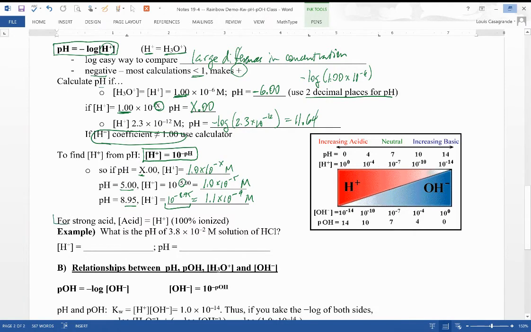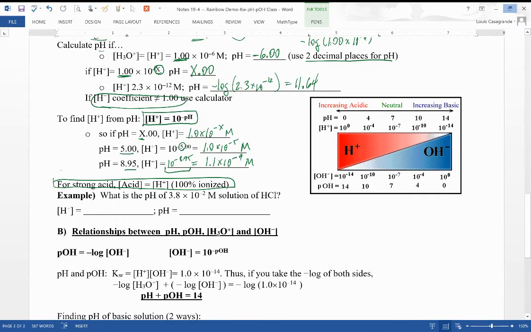I said this up above. If we have a strong acid, 100% ionized, the concentration of the acid is equal to the concentration of the H3O plus. So I tell you, we've got a 3.8 times 10 to the minus 2 molar solution of HCl. So the concentration of the H plus is 3.8 times 10 to the negative 2 molar.